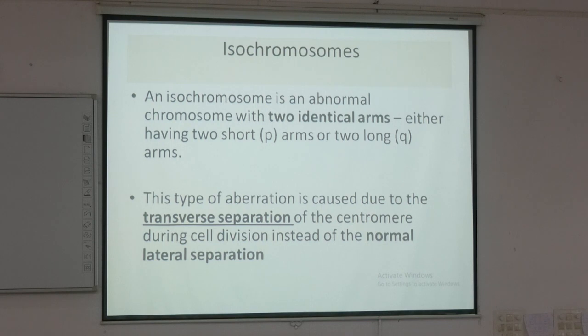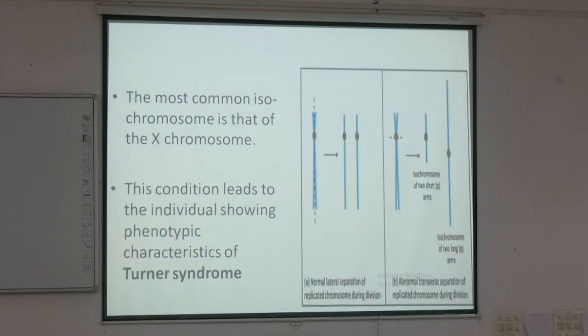So if the split of the chromosome is taking place and moving apart, instead of being a lateral split, if it is a vertical split, then we have this particular error. Now, this is the normal thing which is happening over here. We have a lateral split of the centromere when it is separating. This part is going down, this part is moving up.